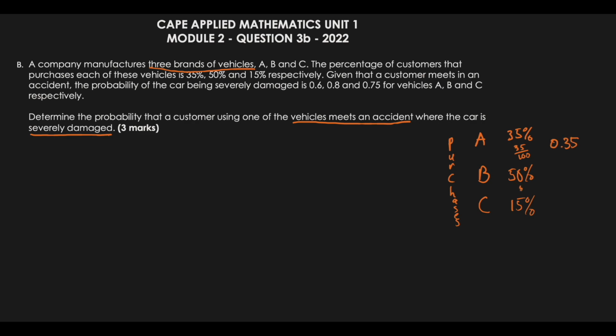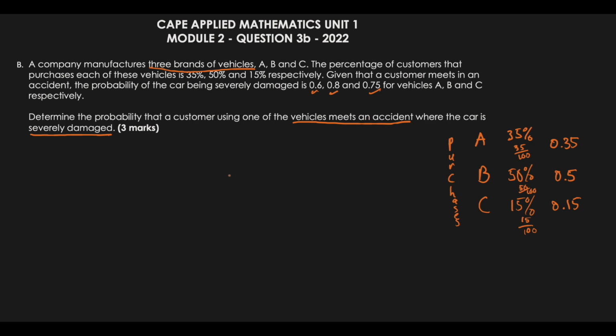Likewise, 50 over 100, if I do 50 divided by 100, I'm going to get 0.5. And for this, you can tell that it would be 0.15, the same concept of 15 divided by 100. Now, why did I do this? I want these to match with these values here. So when I actually do the question, I have values that are relative to each other in terms of what they represent. So in this case, we're looking at decimals.